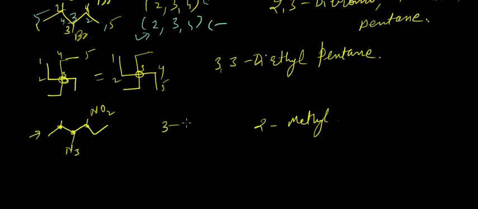So 3 azido, 2-methyl and 4 nitro. How many carbon atoms are there in the longest chain? 6. So hexane.